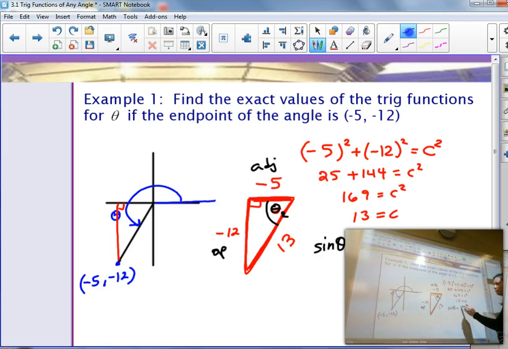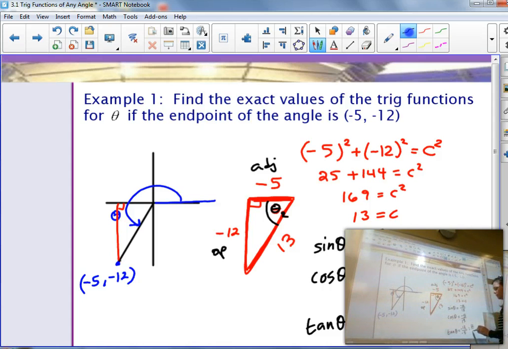Negative 12 over 13. Beautiful. What would the cosine be? Negative 5 over 13. Beautiful. What would the tangent be? Opposite over adjacent. Is this theta or theta 2? Both. Doesn't matter.